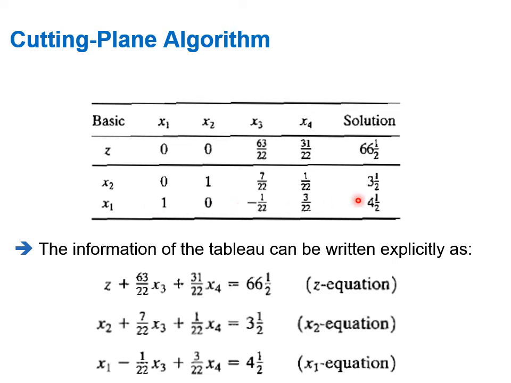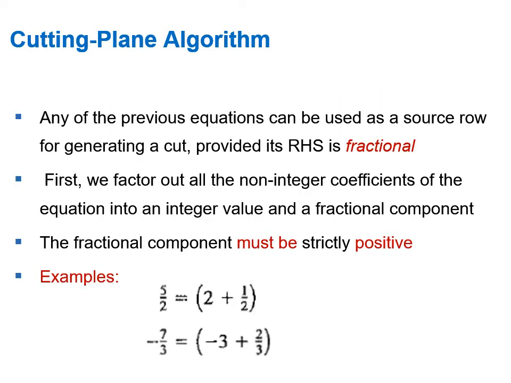And from this last constraint here, we have 1 times x1, 0 times x2, and minus 1 over 22 times x3, and so on, equal to the right hand side. So we have in fact 3 equations that are written in this tableau.